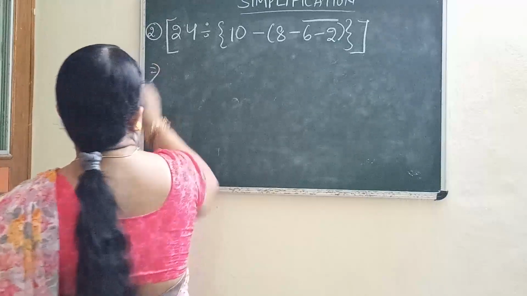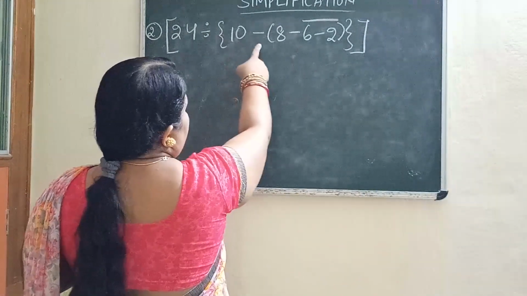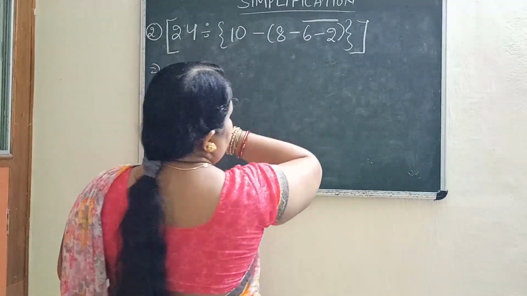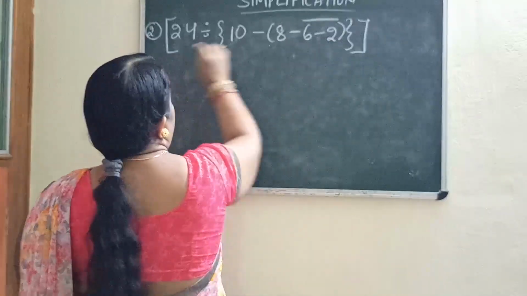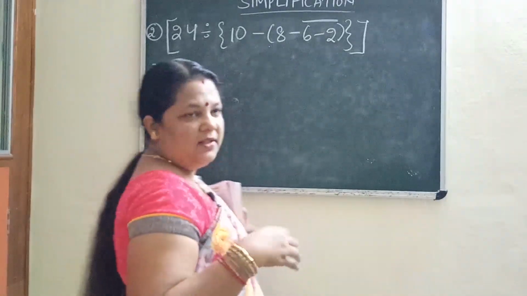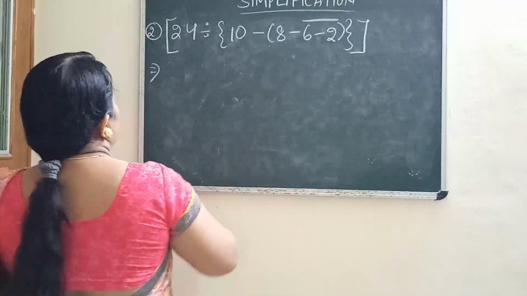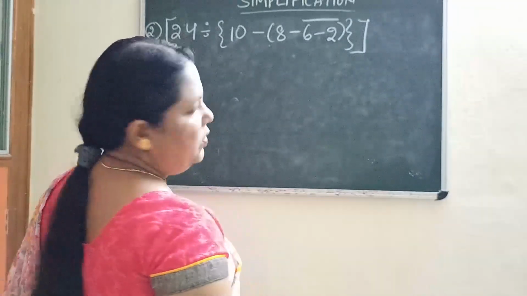First you will see how many operations are there. Division is there, subtraction is there. Then how many brackets are there? All the brackets: bar bracket, parenthesis, curly bracket, square bracket. So all the operations are here. It is very interesting. Let me solve. According to the rule, which one are we going to follow?